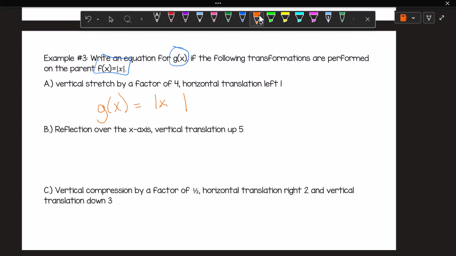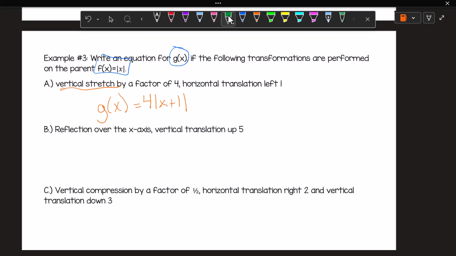So it's a vertical stretch by a factor of 4. Vertical stretch, well, that's the number out front, so it's 4. Horizontal translation left 1. So it would be -1, but because it's the opposite, it's actually +1. And then that's it. We didn't go up and down at all.